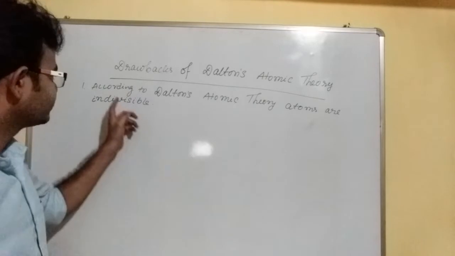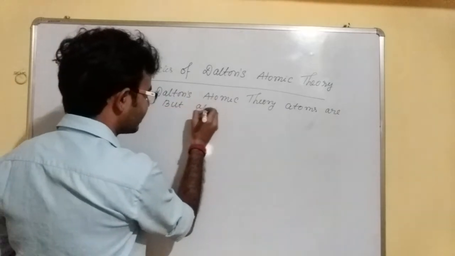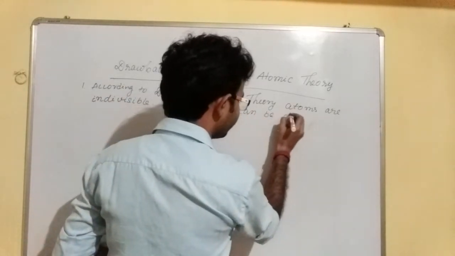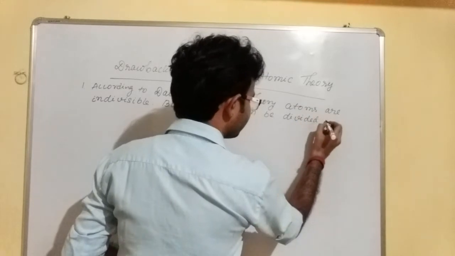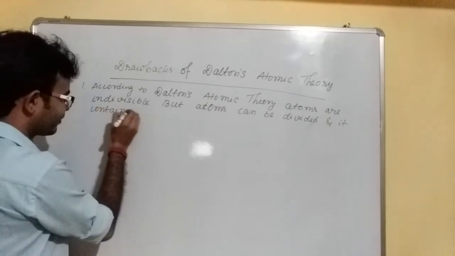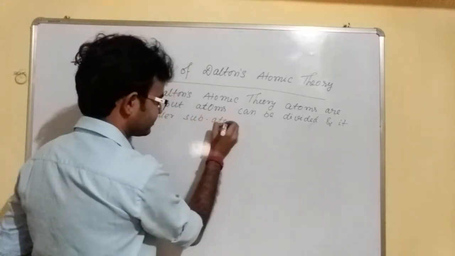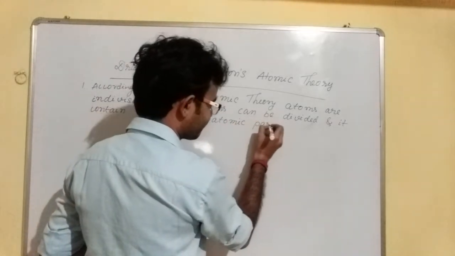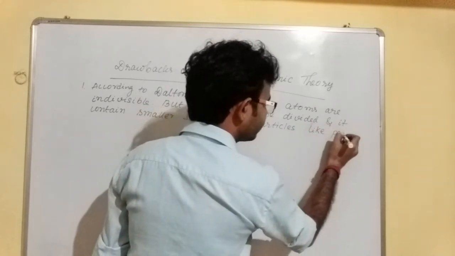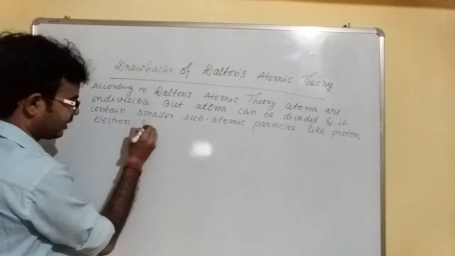But this one is wrong, because according to Dalton's atomic theory atoms are indivisible, but atoms can be divided and they contain smaller subatomic particles, particles like proton, electron and neutron.